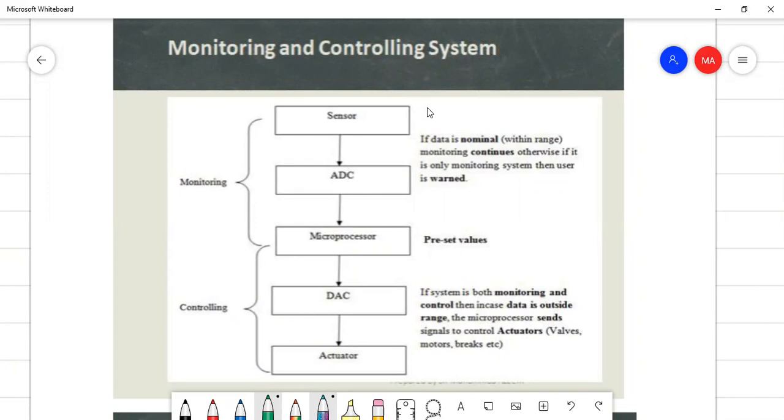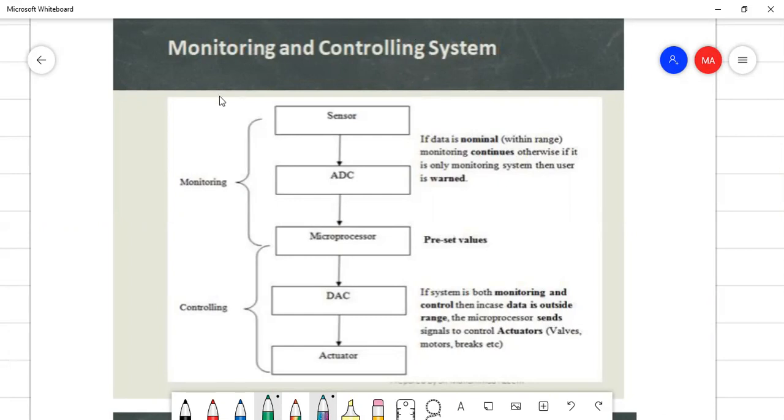Without memorization of this flow, you can't attempt such questions. Is it clear to all of you? You need to memorize this flow diagram of monitoring and controlling the overall system.